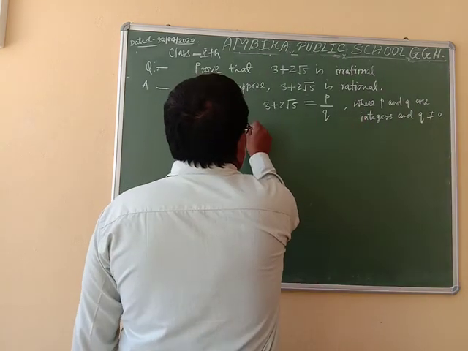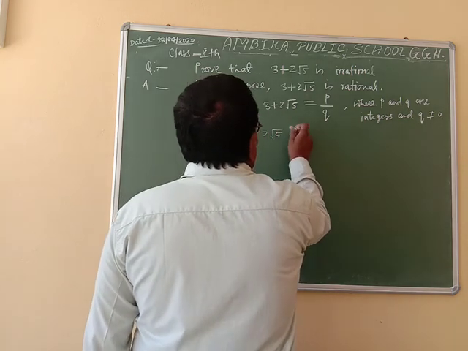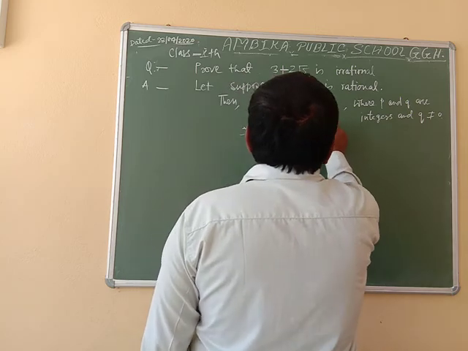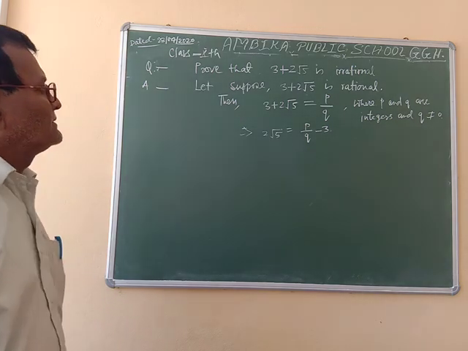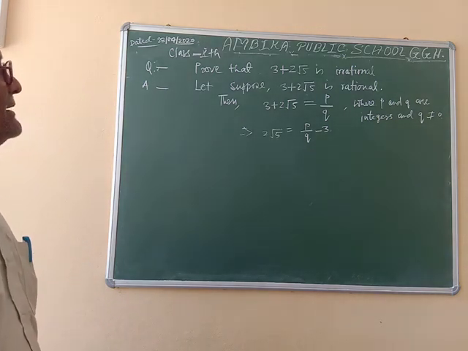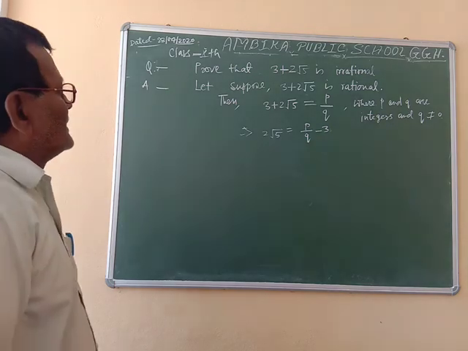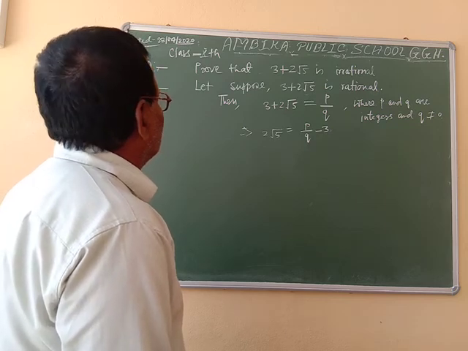Here 2 root 5 is equal to p by q minus 3. To prove that 3 plus 2 root 5 is irrational, let us assume that 3 plus 2 root 5 is rational.